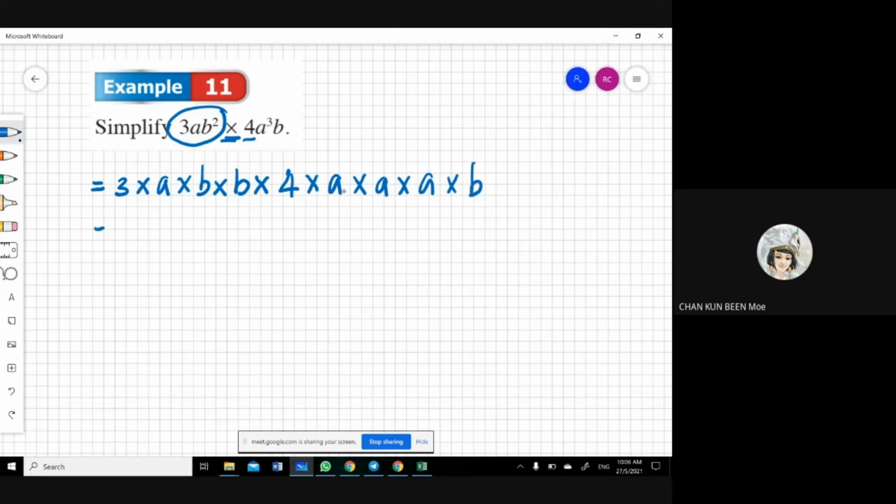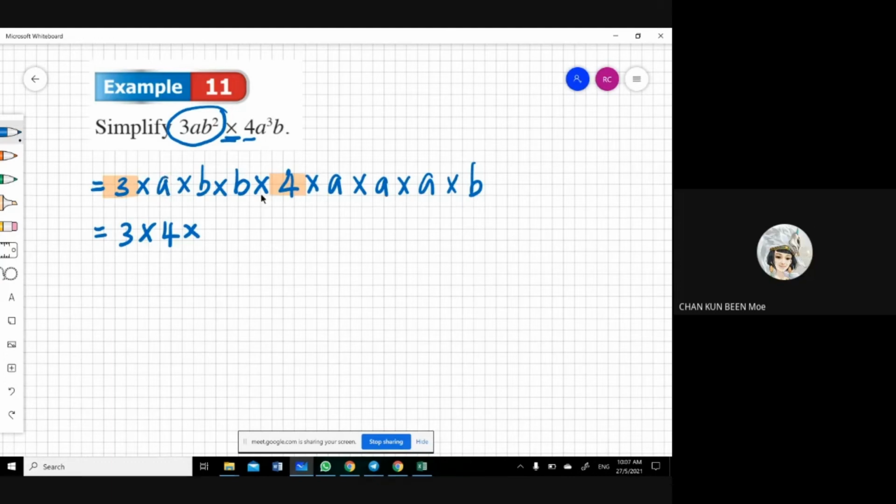After that, we are going to gather or group the number and the variable. Number with number. So the number that we have is 3 and 4. Okay, 3 and 4, I'm going to gather them together. So it will be 3 times 4. After that, I multiply again with the one that is the same. You see, I have a.